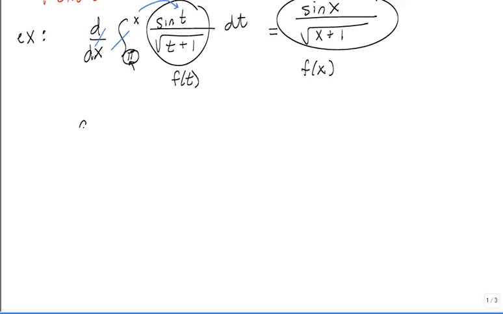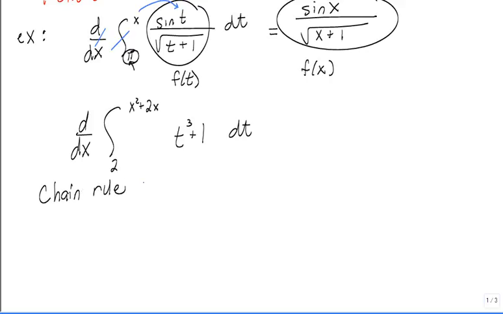Now, it's different, though, if it's not x. Okay, again, you can start anywhere. So suppose we're integrating to x squared plus 2x. So we have to remember the chain rule. d/dx is du/dx times d/du, because you can think of those as canceling each other out.